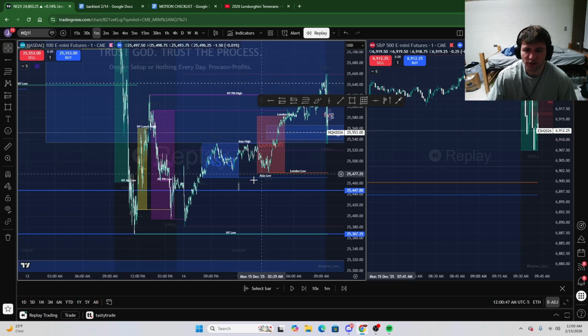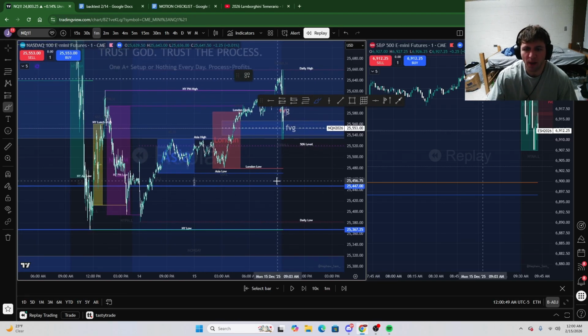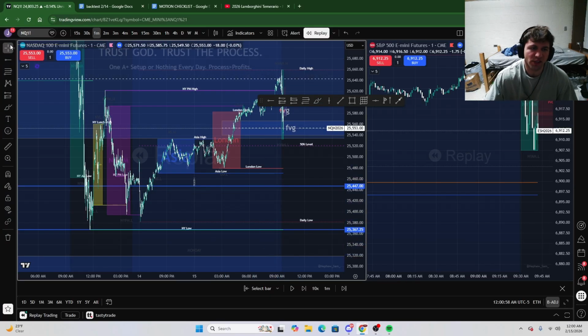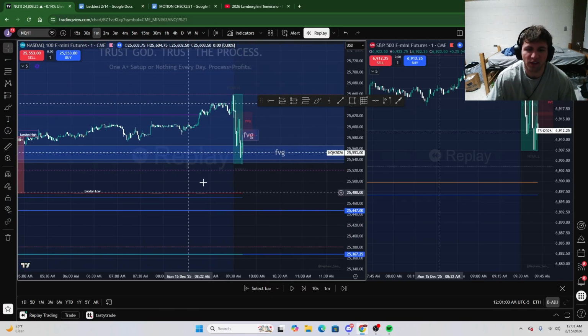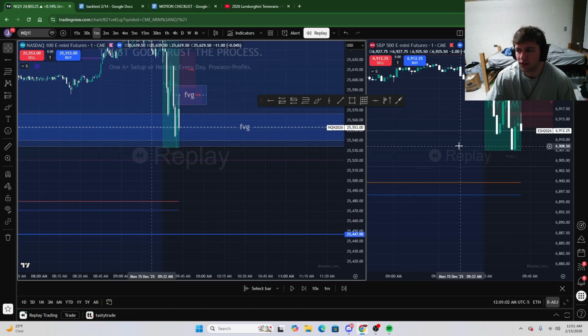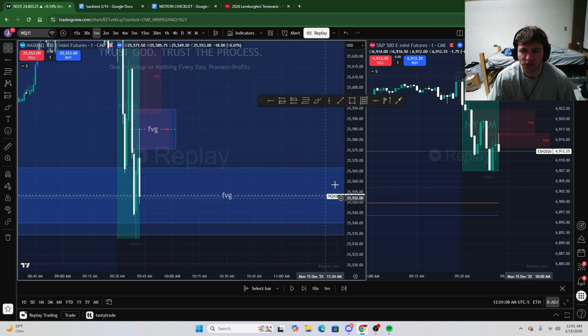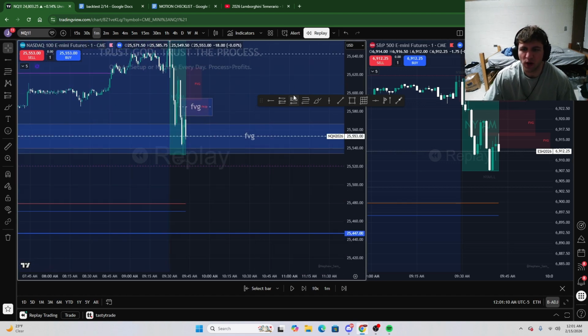I'm not confident that Asia and London is where we're going to stop, because we have to get below the daily low again. We have to hit these equal lows on the higher time frame, and we have to hit this unfilled gap. This sucks because you saw it hit the daily gap on the daily chart anyway, but it's just going to be an obvious sell-off towards that anyway.